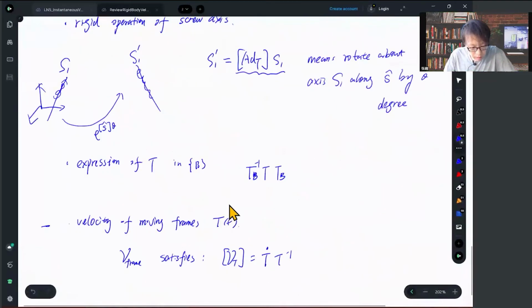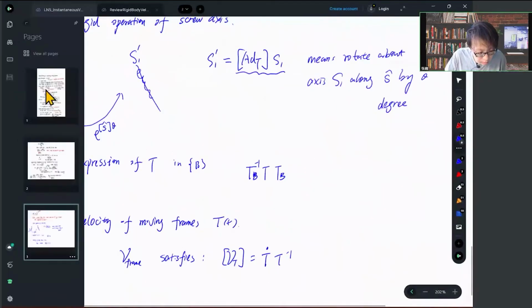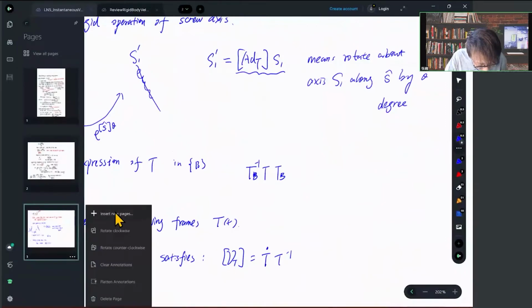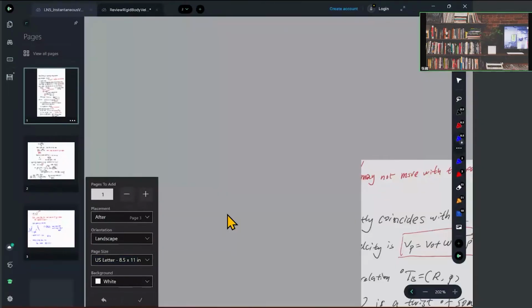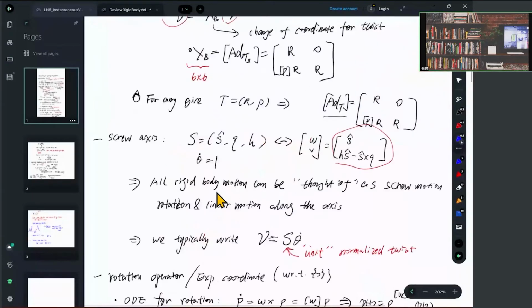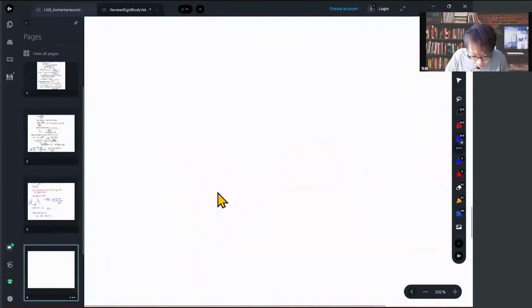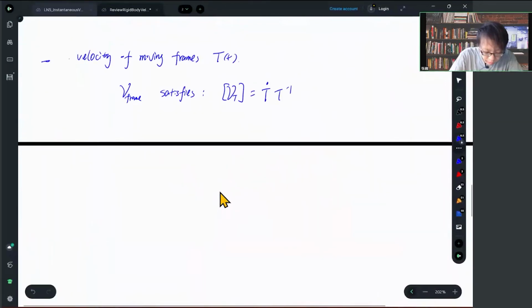Let's write some additional notes here. So here we have R. If we take the matrix log of R, suppose R is just e to the omega hat theta.